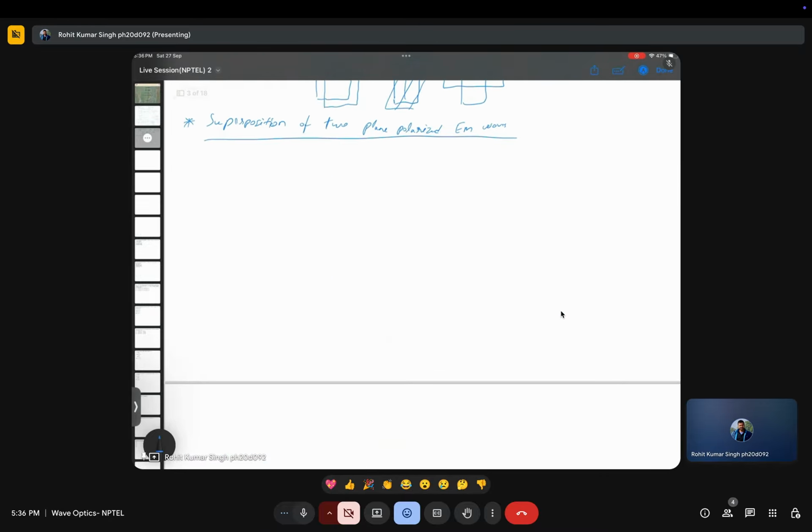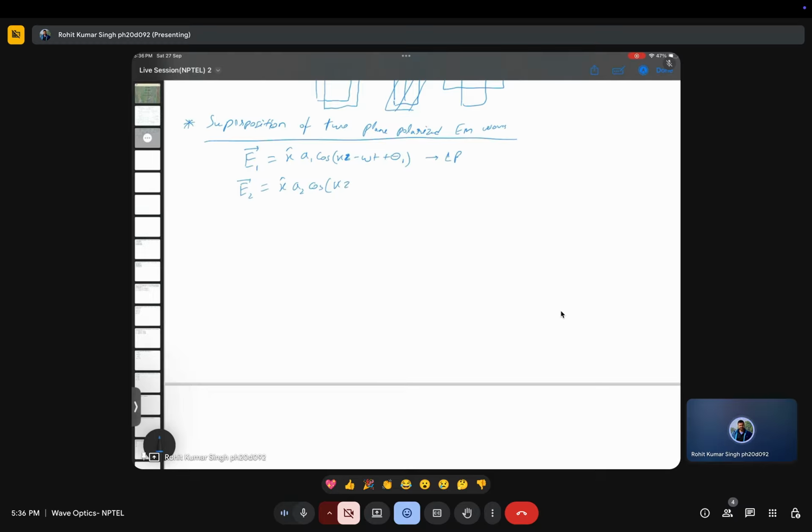Okay, let's see, we have two electromagnetic waves given by the vectors E1, which is in the x direction with amplitude A1 and propagating in the z direction. So this is linearly polarized. I am writing LP for linearly polarized. And we have E2, which is also in the x direction, and it has phase theta 2, which is different from theta 1.